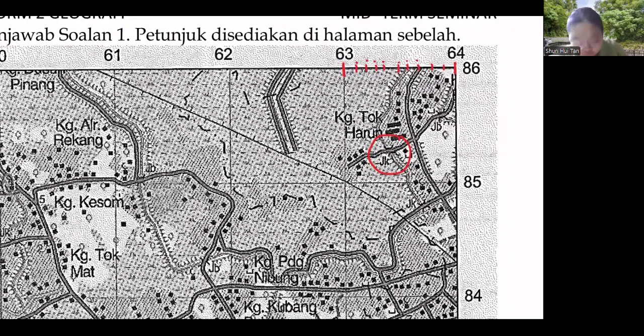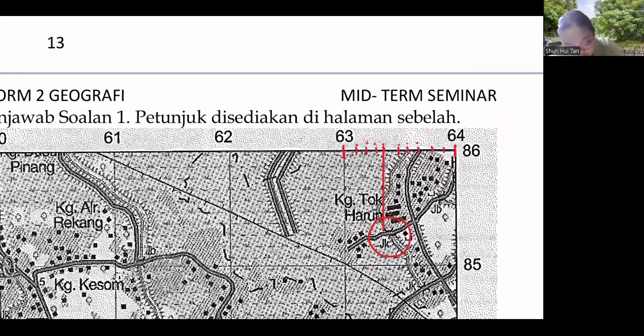So same, you have to read through. 1, 2, 3, 4. The jambatan is located at number 4. So your line is going to be 63, 4. And then you look at the side. Same, cut it into half. 1, 2, 3, 4. All right. So you slide a little bit. Try to cut it evenly. 1, 2, 3, 4.